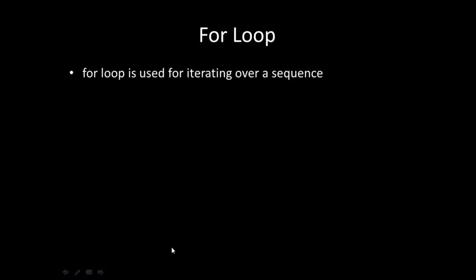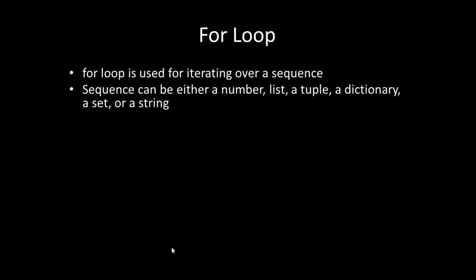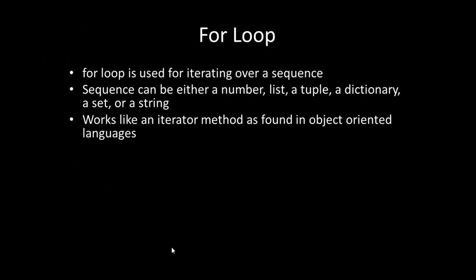Next, see for loop. So for loop is used for iterating over a sequence. Now, a sequence can be a number, list, tuple, dictionary, set, or a string. Now, here for loop can be used in two ways.